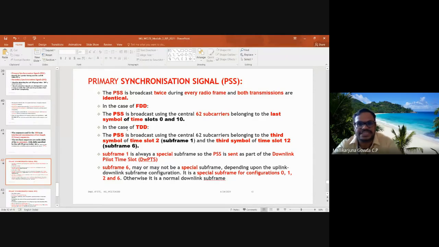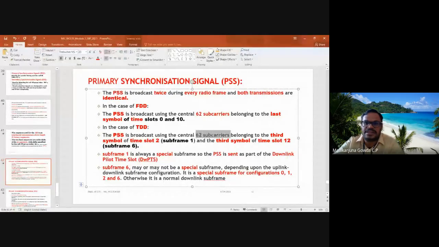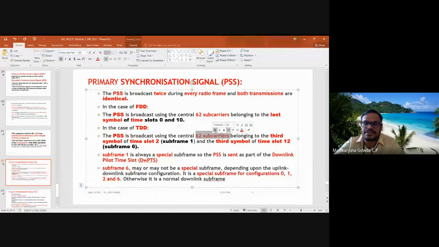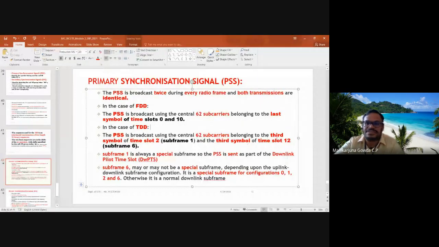In case of TDD, this PSS is broadcast using the same central 62 subcarriers, and it is using the third symbol of time slot 2 in subframe 1. It is using the third symbol of time slot 2 and the third symbol of time slot 12. That is subframe 6. So with respect to FDD, it uses slot 0 and slot 10.